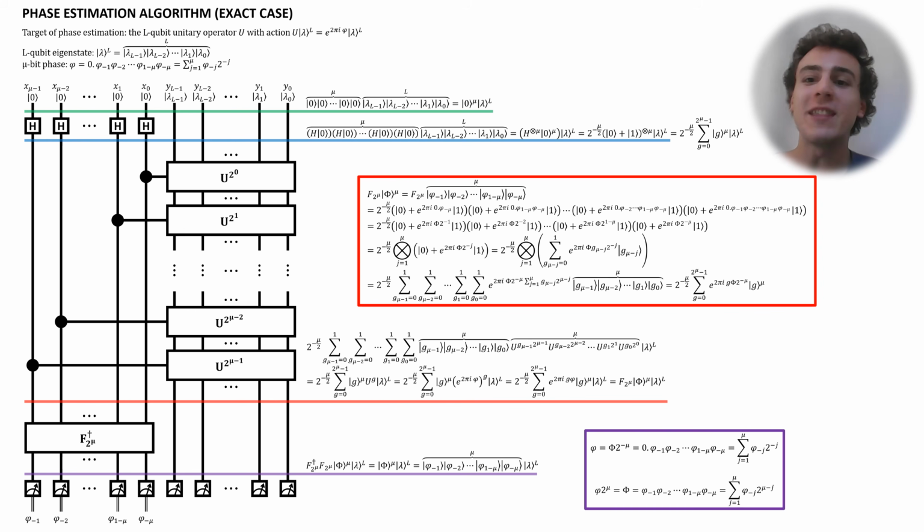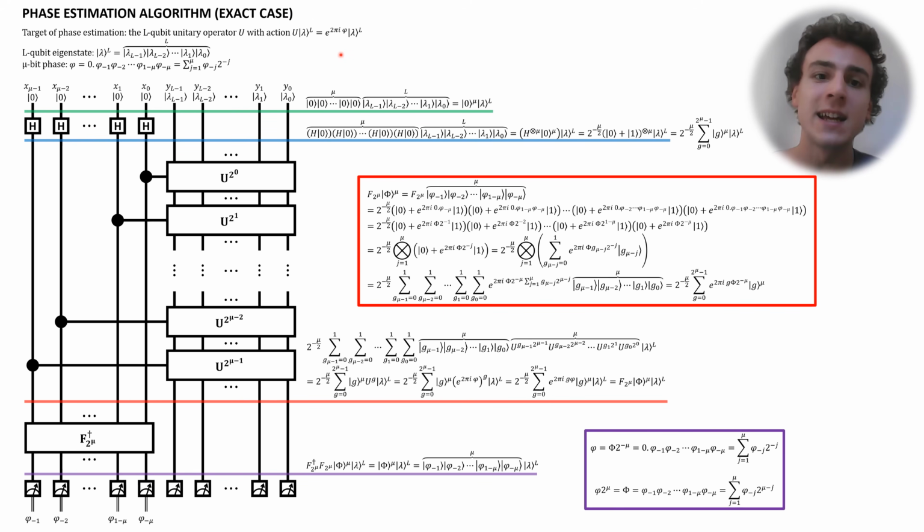Previously, we explored the exact case of the quantum phase estimation algorithm. In general, the target of phase estimation is the L-qubit unitary operator denoted by capital U. This unitary operator has an eigenstate labeled by lambda.